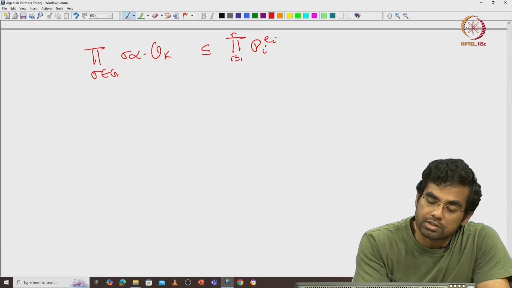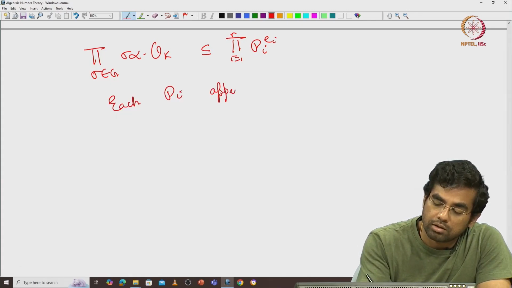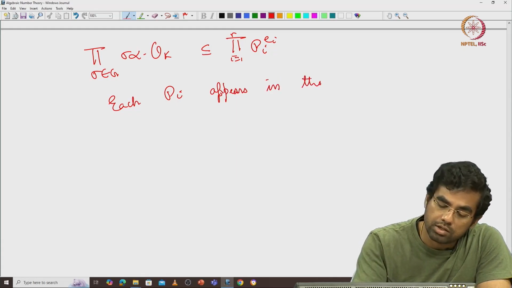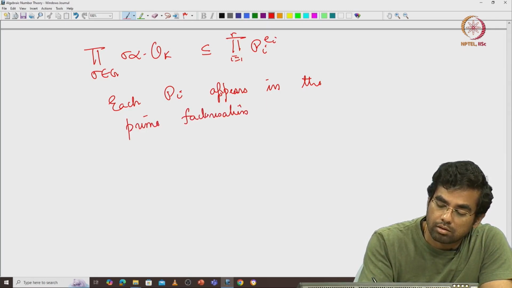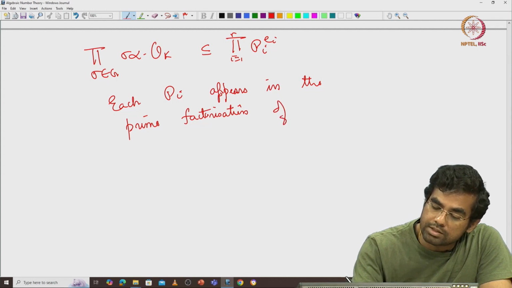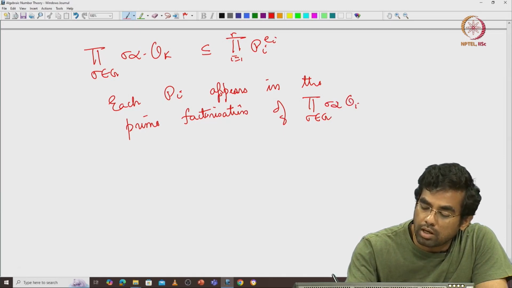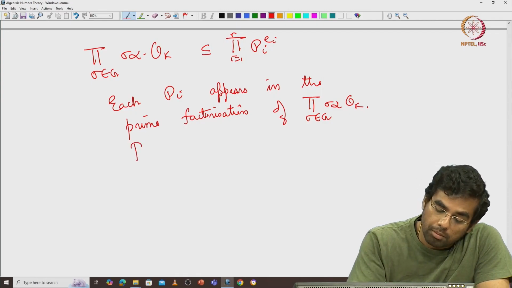So each Pi appears in the prime factorization of this ideal generated by sigma alpha OK.